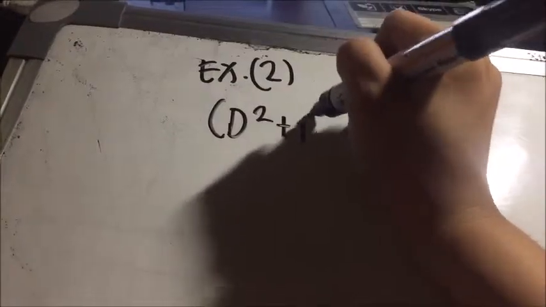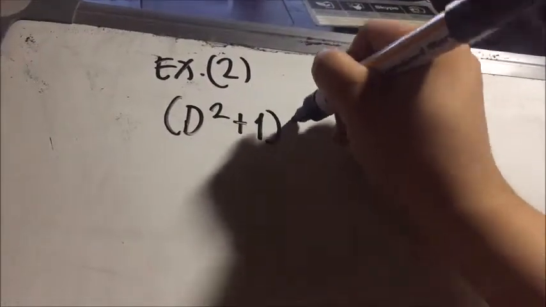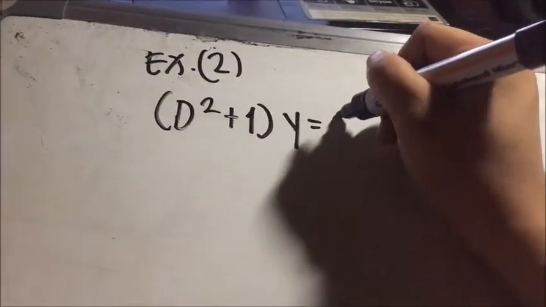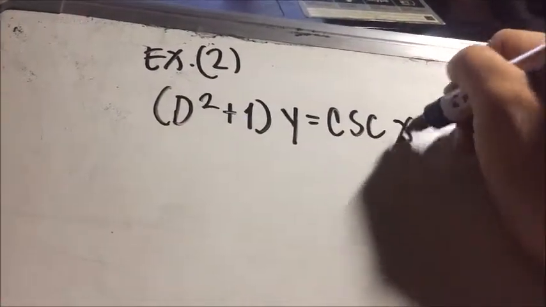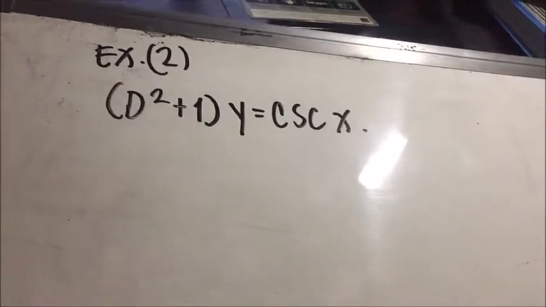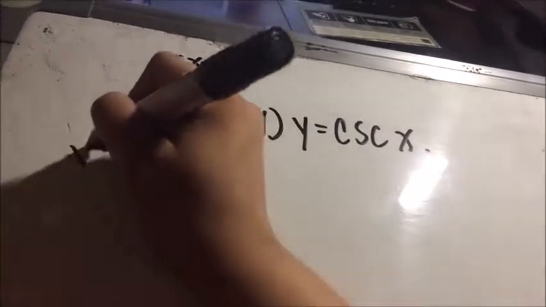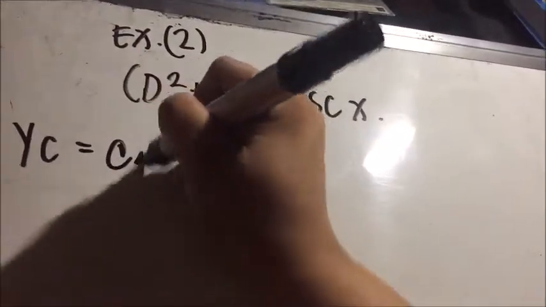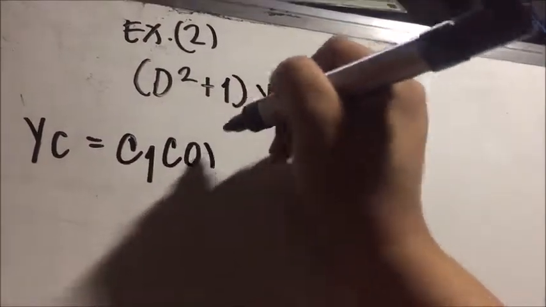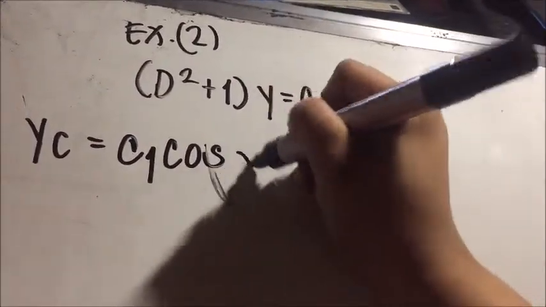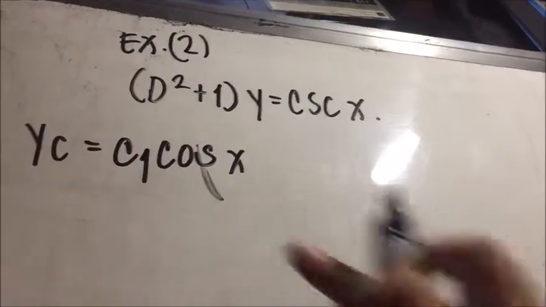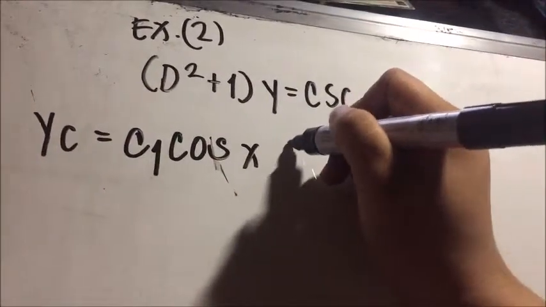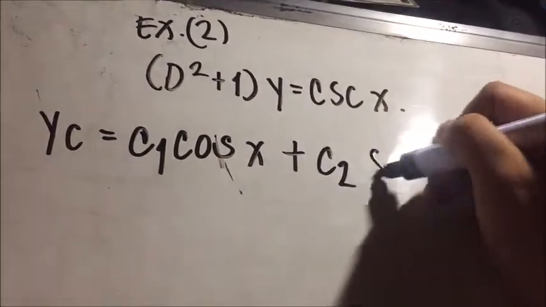So for our next example, we have (D squared plus 1) y is equal to cosecant x. The complementary function of this equation will be c1 cosine of x plus c2 sine of x.